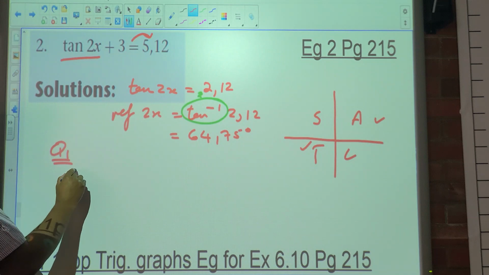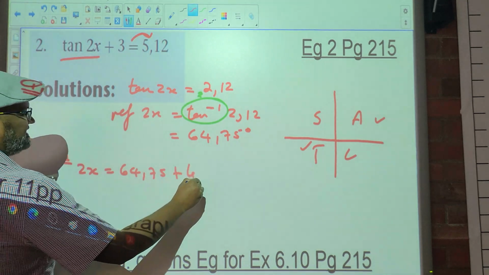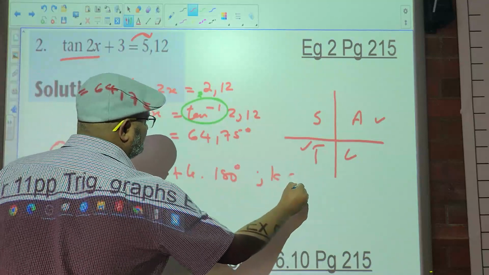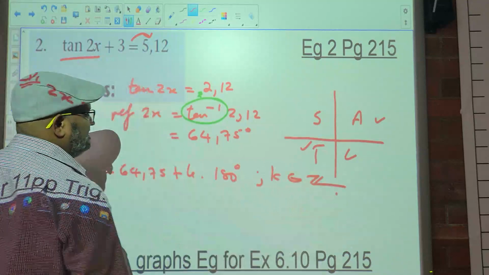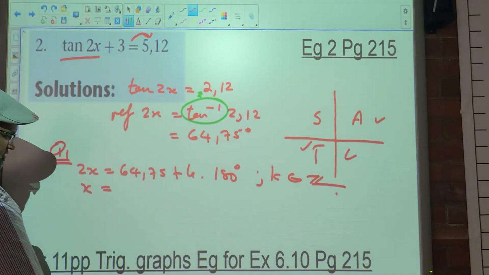How do you get in quadrant 1? 2x is equal to 64.75 plus k times 180, where k is an element of integers. So what do I do now? I divide by 2.